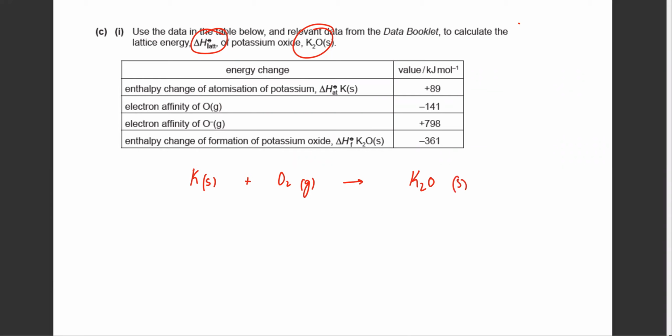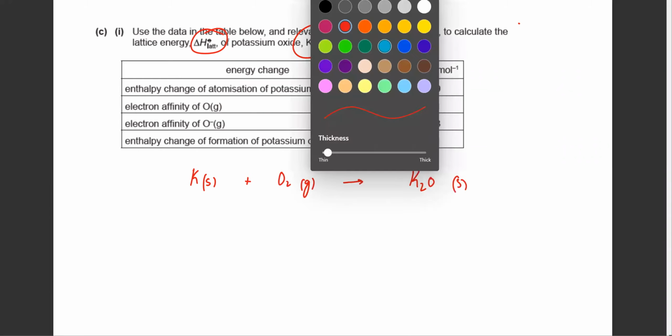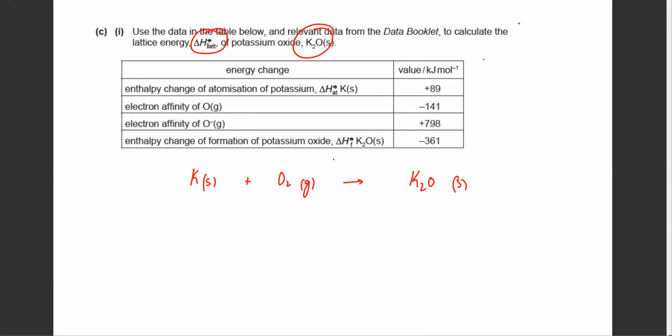This is known as the enthalpy change of formation, delta Hf, where 1 mole of K2O is formed. So there are 2 K and half an O2 molecule. This is the enthalpy of formation, and the value is given over here.